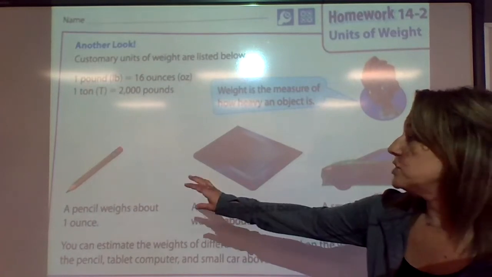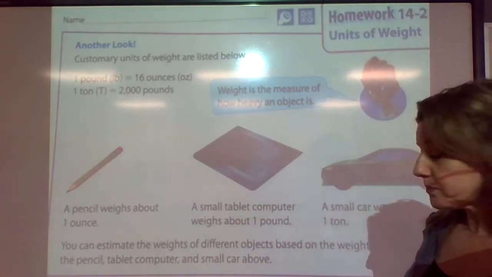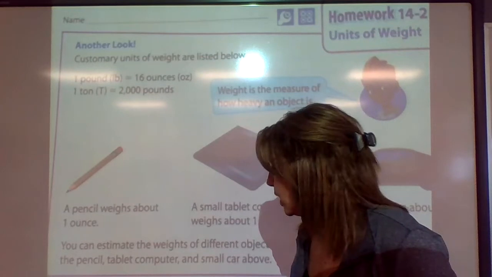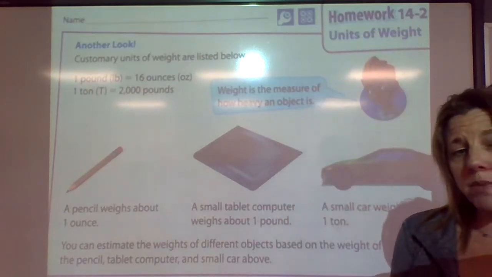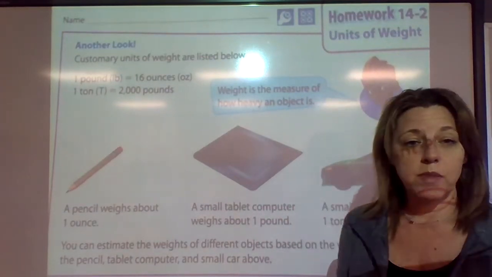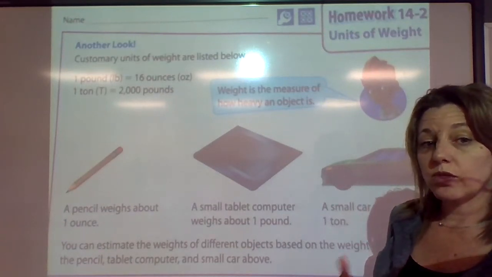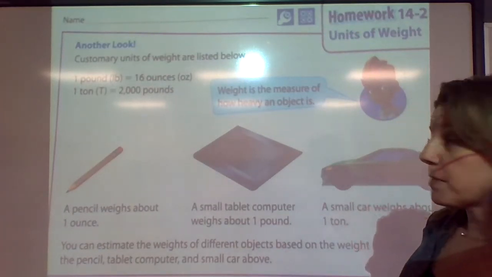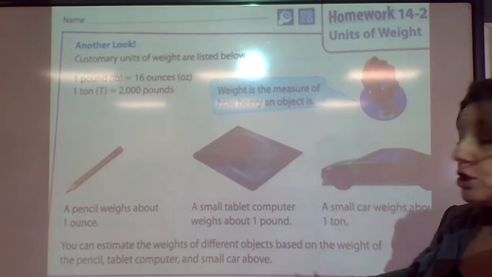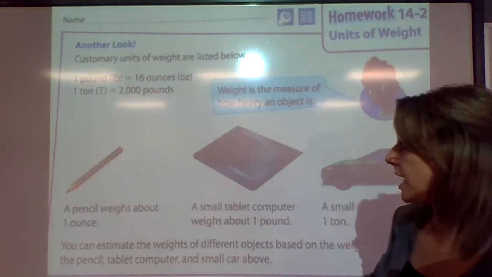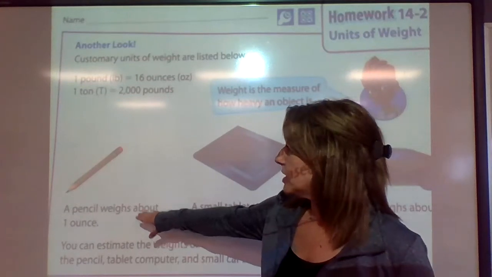There's a lot of difference between these weights. So it's a little bit easier to determine what unit of measure you would use to measure common items that we know about, which is what we're going to be doing just like we did the other day.